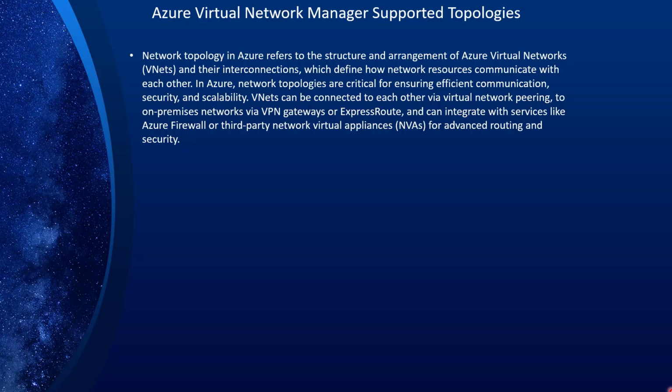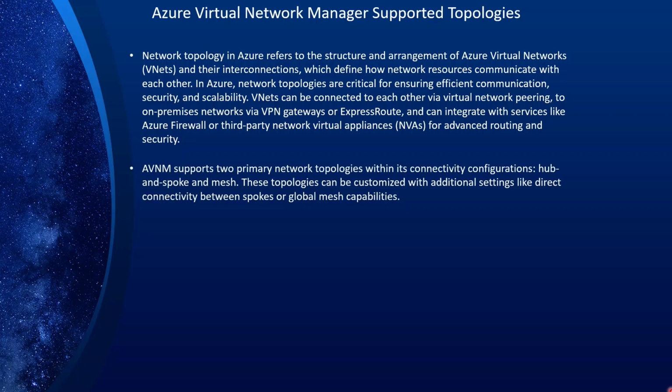VNets can be connected to each other via virtual network peering, to on-premises networks via VPN gateways or ExpressRoute, and can integrate with services like Azure Firewall or third-party network virtual appliances for advanced routing and security.